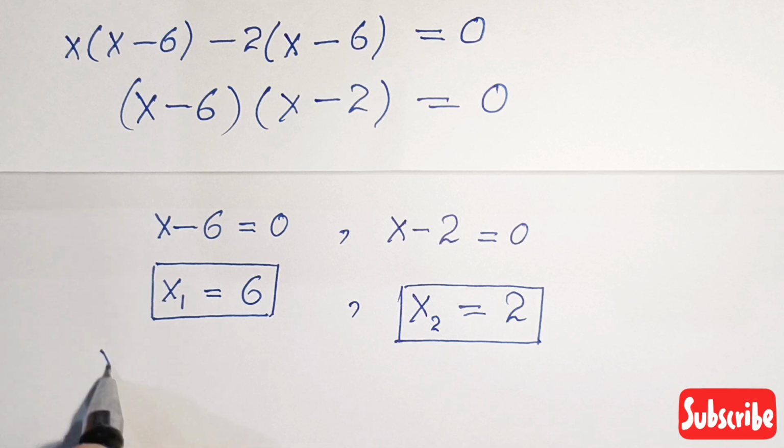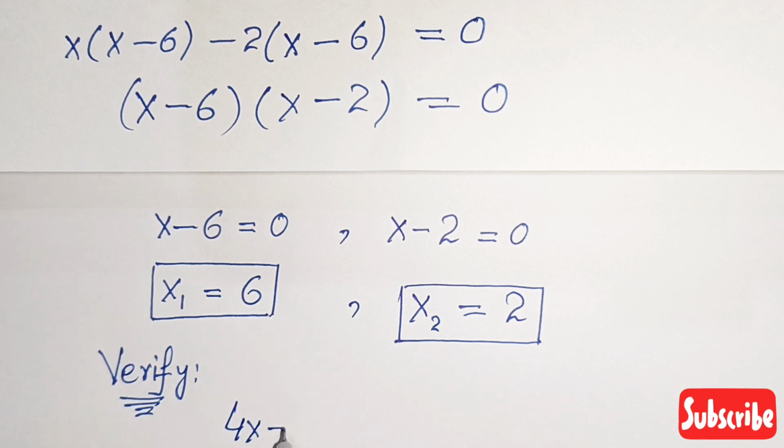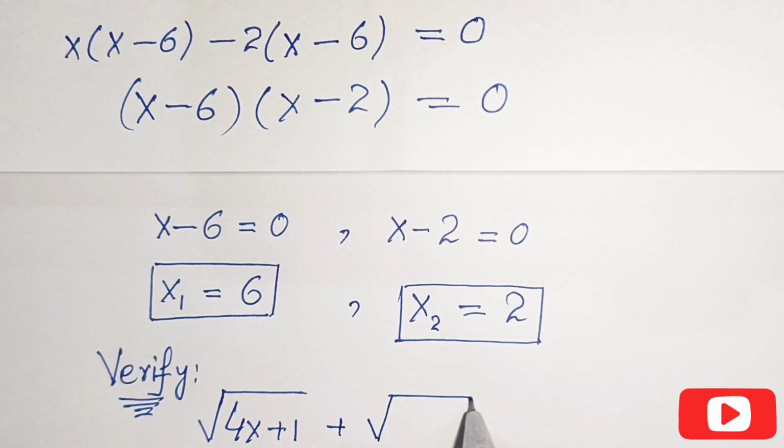So for verification we have to just recall our problem, that is square root of 4x plus 1 plus square root of 3x minus 2 is equal to 1.